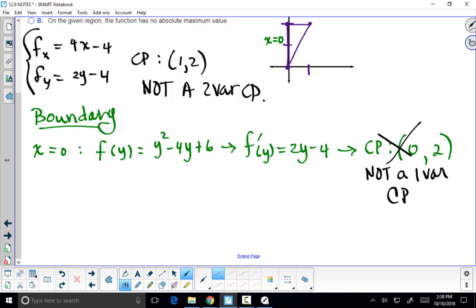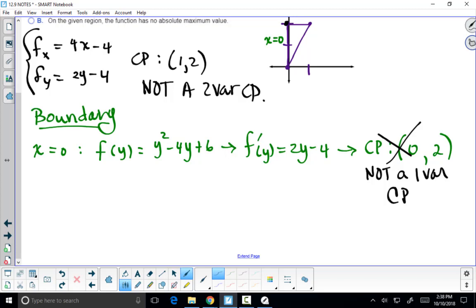Why? Because it is a boundary point. Critical points are always interior to your geometric object. So if you're looking for two-variable critical points, they have to be inside the triangle. If you're looking for a critical point on a segment, it has to be interior to the segment. Boundaries of segments are not critical points.